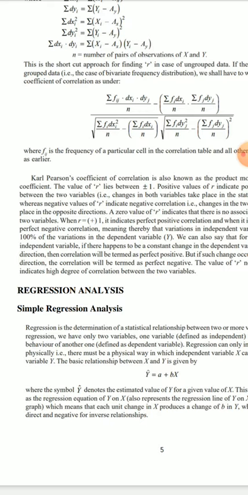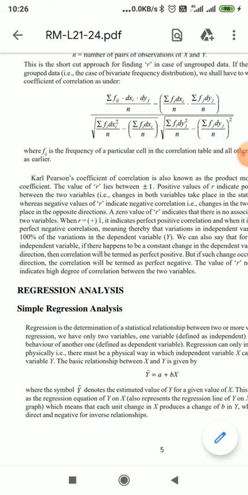Then the value of b is equal to summation of sigma xi yi divided by summation of sigma xi square, and the value of a is equal to y bar minus b x bar.